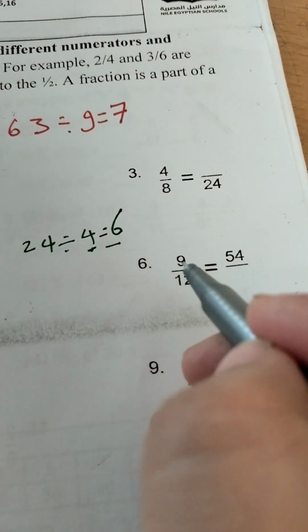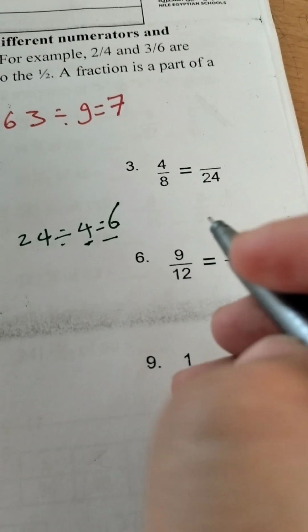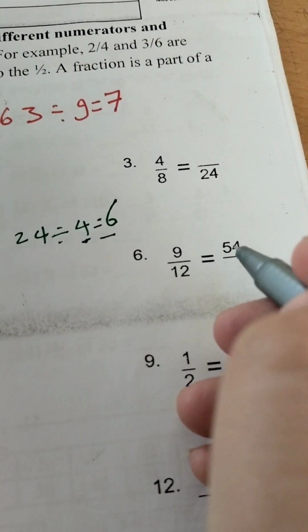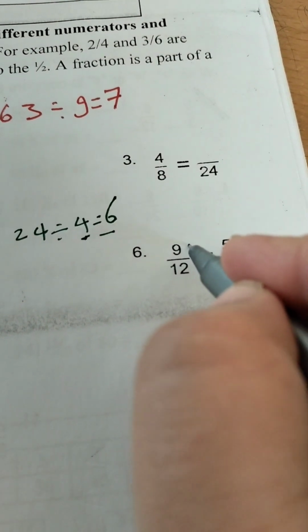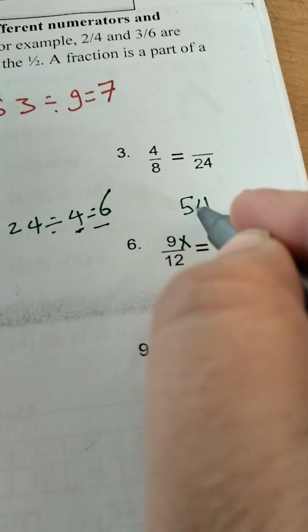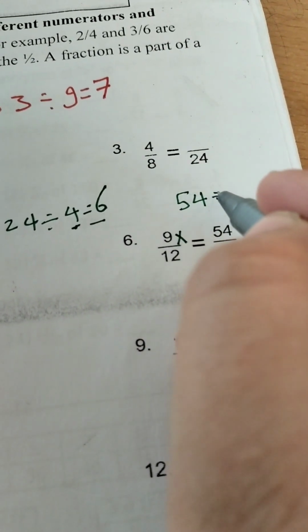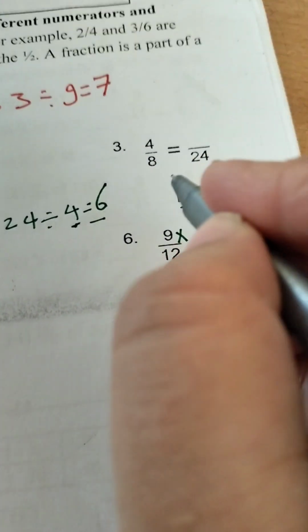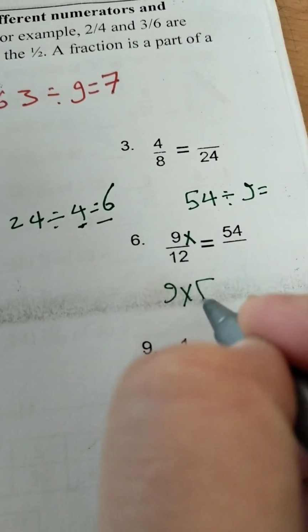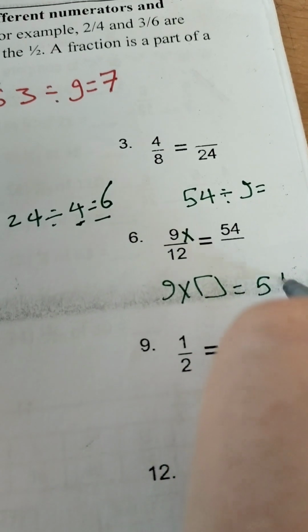this part. 9 becomes 54, so yes, it increased, so I will multiply. But multiply by what? I will ask myself another way: 9 multiplied by how many equals 54?